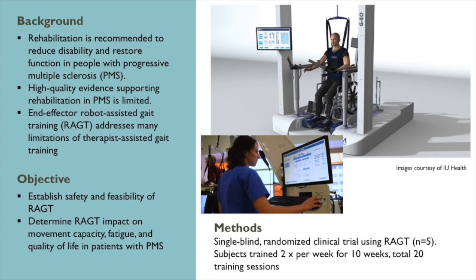And what we kept as an inclusion-exclusion criteria was EDSS 4.0 to 7.0. Our average, as we tested our subjects, the EDSS was 5.5 for all those patients which we have studied so far.